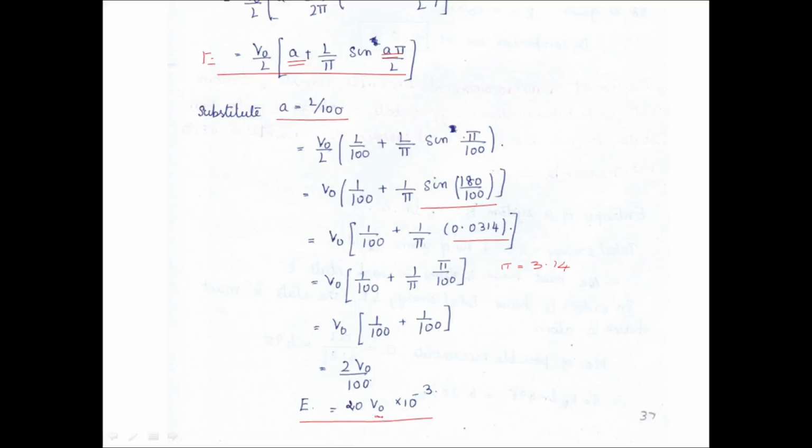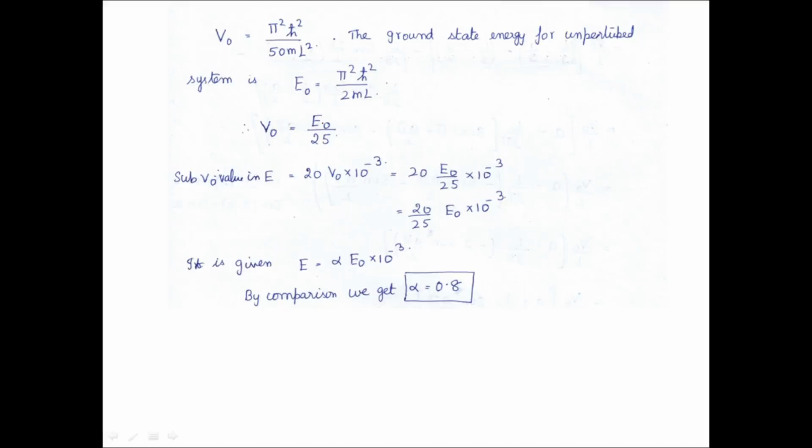Now we have to find the value of V naught in terms of E naught. In the question, they have given the V naught value, and for the ground state of the unperturbed system, the E naught value is pi square h cross square divided by 2m L square. By dividing these two terms, we get V naught equal to E naught divided by 25.